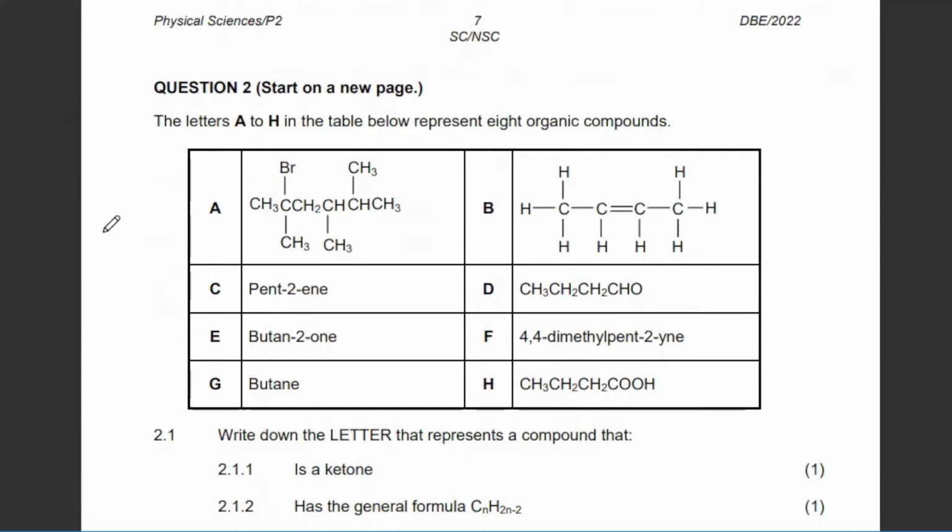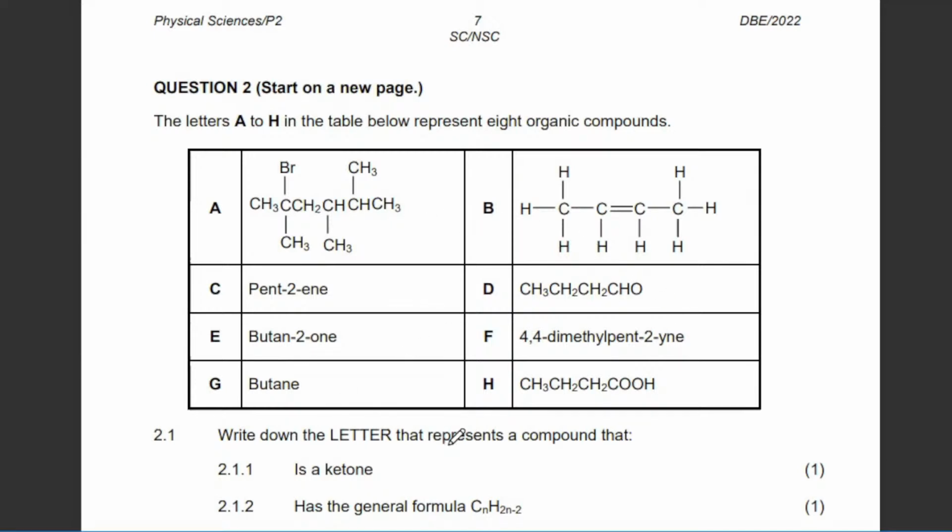All right, let's go to question 2. Question 2 is about organic chemistry. They're saying that A to H in the table below represents 8 organic compounds or molecules.